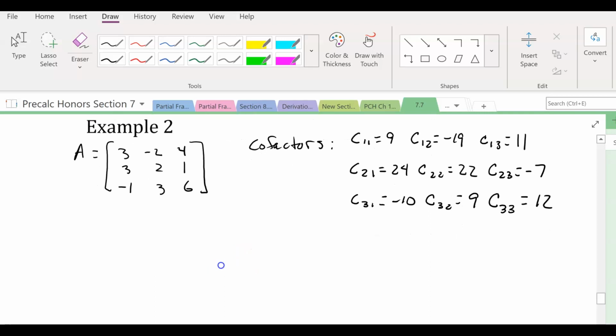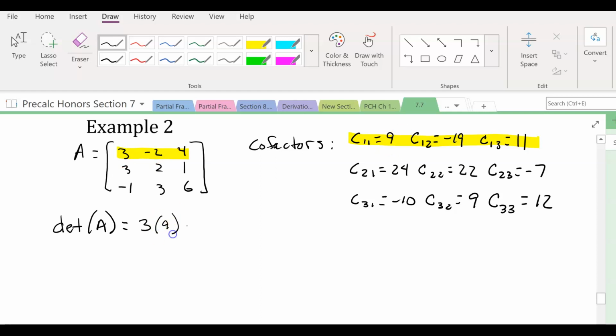And according to that formula, the determinant of A, so let's pick this first row here and its corresponding cofactors. We're going to take the first element, row 1, column 1, and multiply it by the cofactor that corresponds to row 1, column 1.